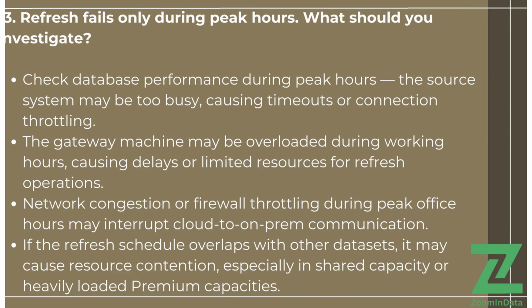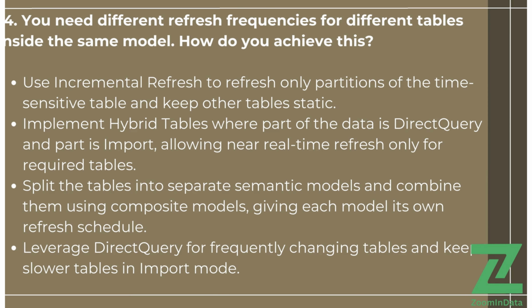14th question. You need different refresh frequencies for different tables inside the same model. How do you achieve this? Use incremental refresh to refresh only partitions of the time-sensitive table and keep other tables static.